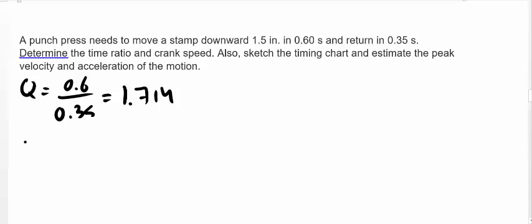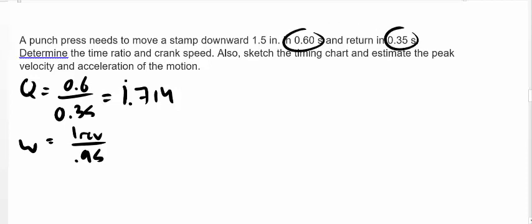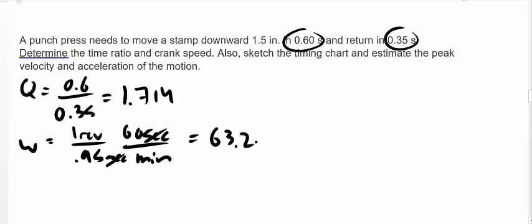All right, we'll go to omega, which is 1 revolution divided by the summation of those two times, so it's going to be 0.6 plus the 0.35. And we'll also then multiply by 60 seconds over a minute. Don't forget this is seconds right here. Right? So seconds will cancel out, and then we get a 63.2 RPM for the crank speed.